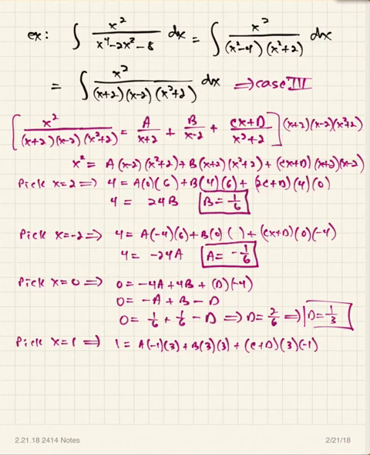It's just tricky to go through all this arithmetic. So you get 1 is equal to negative 3a plus 9b, and that's a negative 3 out there, so minus 3c minus 3d. Whew.